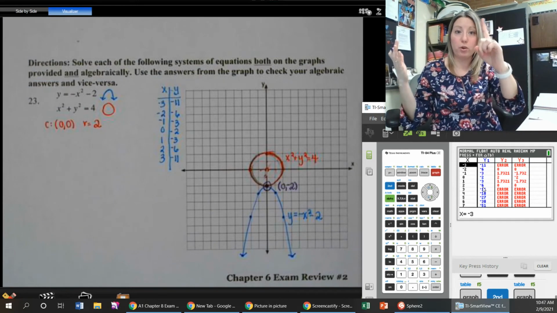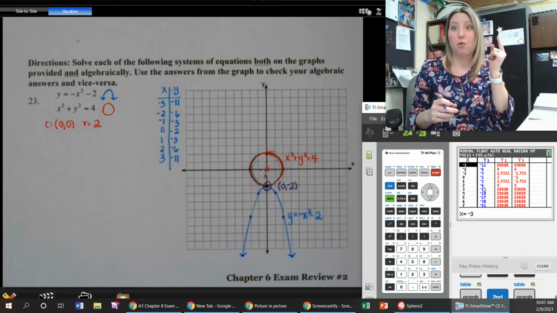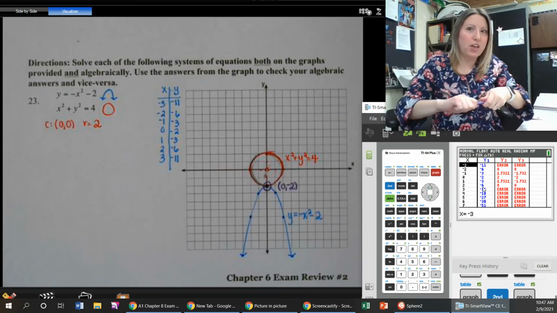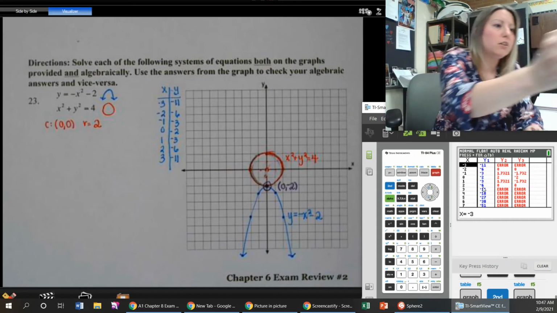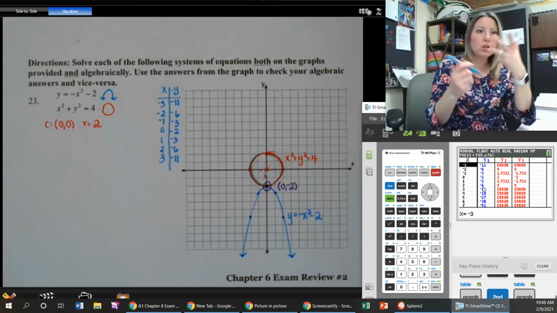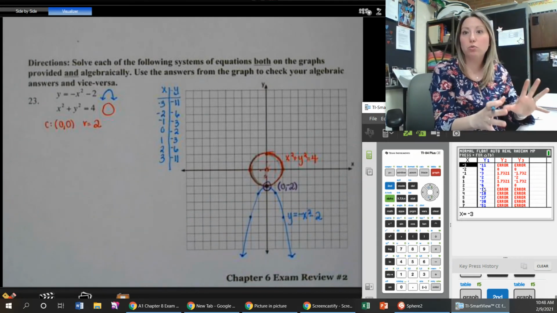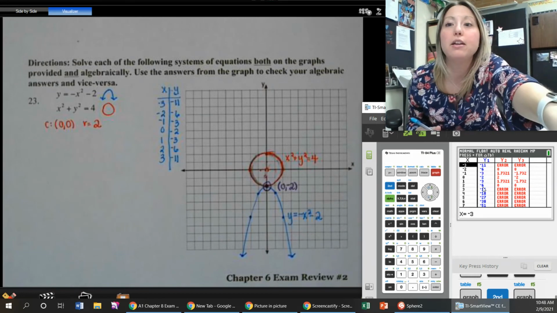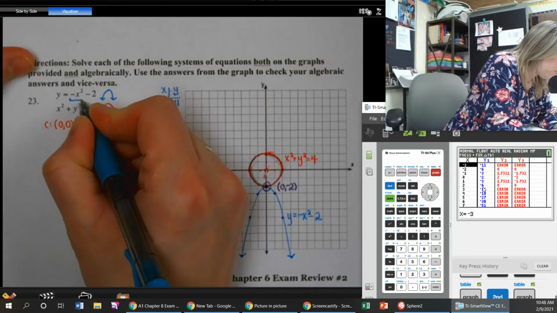One intersection point, which means when I solve these algebraically, I'm only going to get one real answer. That's actually kind of neat because it helps me understand this algebra. When I go to sub in for y, that's actually the best move. Take this and sub it in for y right here.